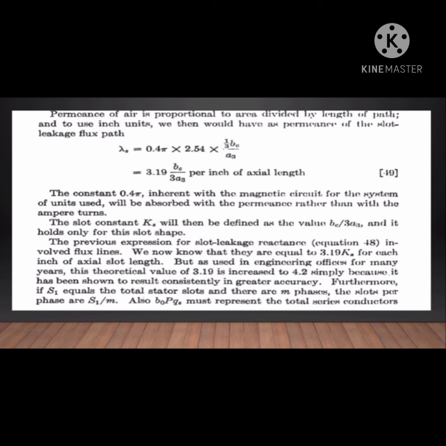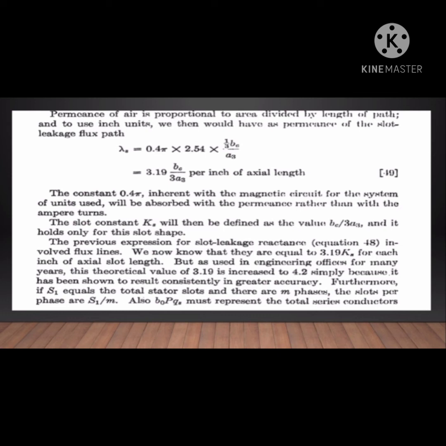Permeance of air is proportional to the area divided by length of path and to use inch unit. So, pag nasa inch, we then would have a permeance of the slot leakage flux path.